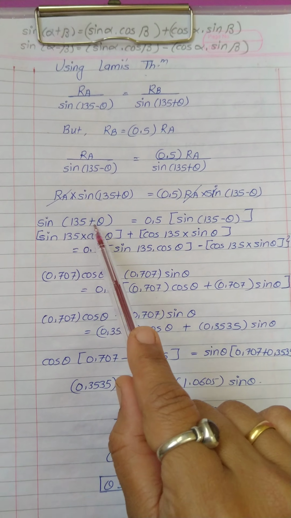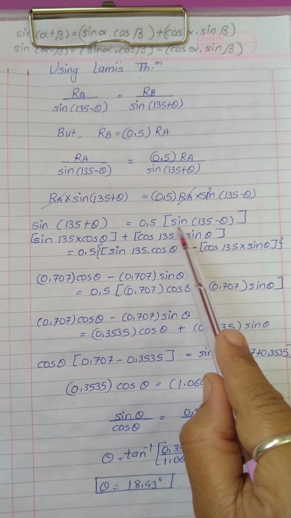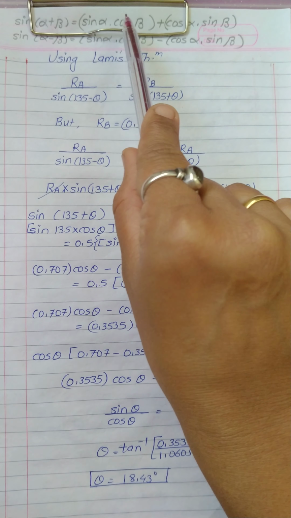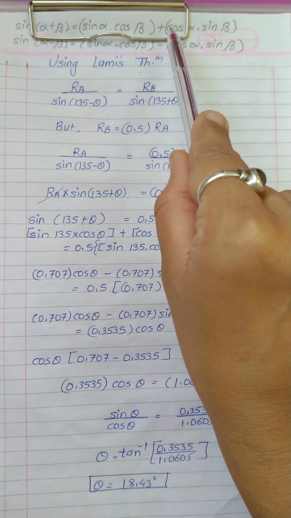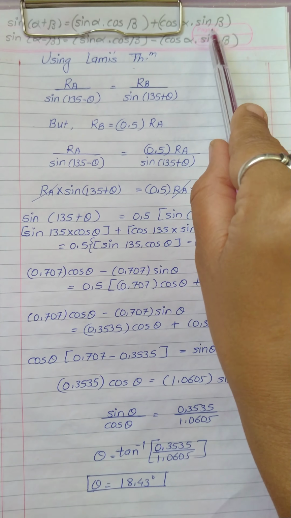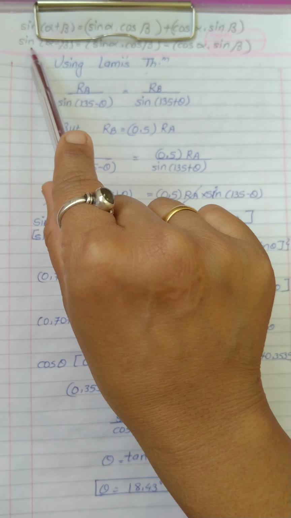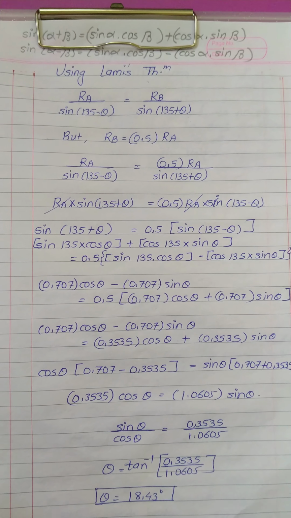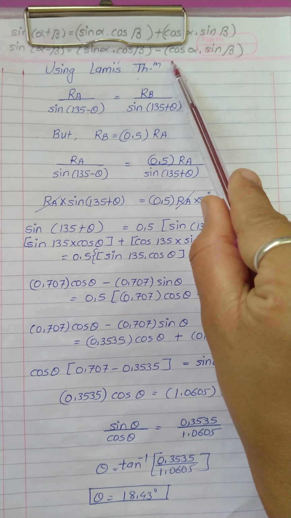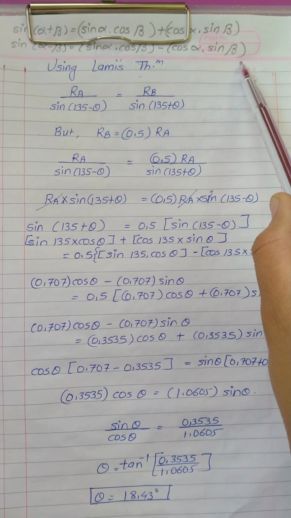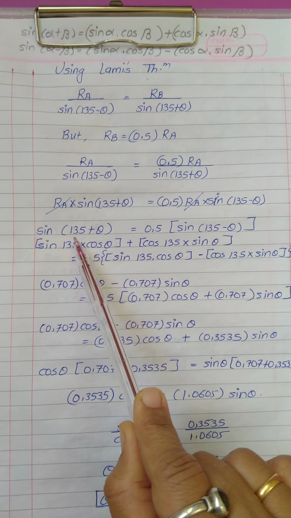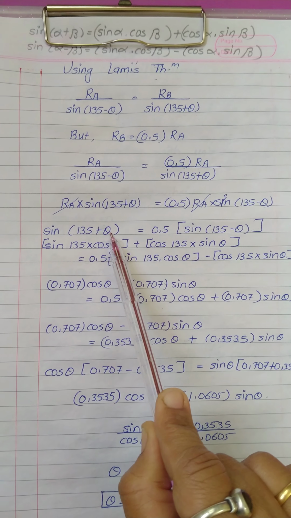Now here you have to go for trigonometry. Sine of alpha plus beta equals sine alpha into cos beta plus cos alpha into sine beta, whereas sine of alpha minus beta equals sine alpha into cos beta minus cos alpha into sine beta. Now in our case alpha is 135 whereas beta is theta.